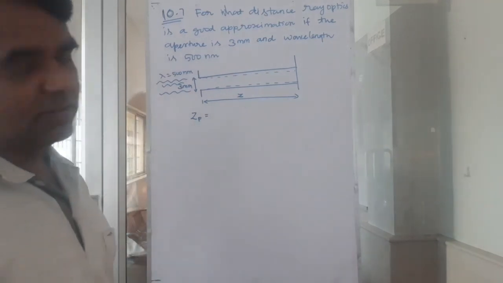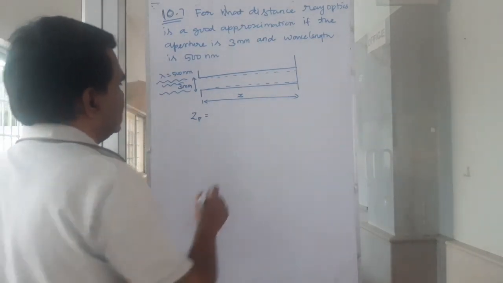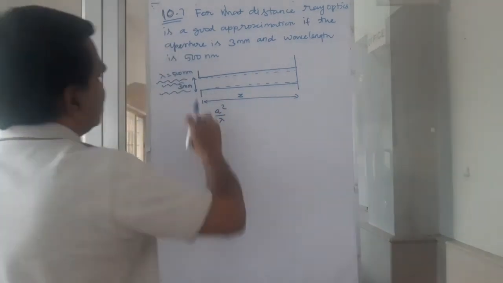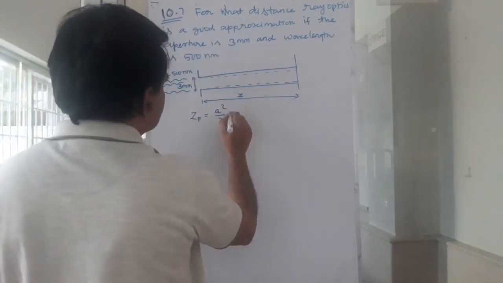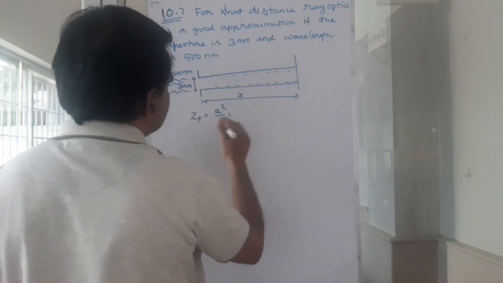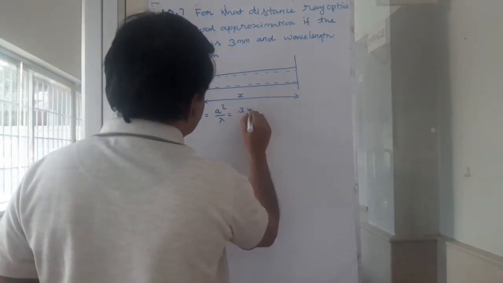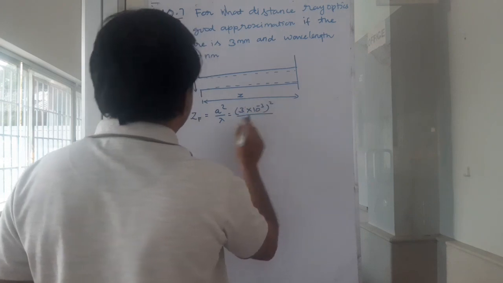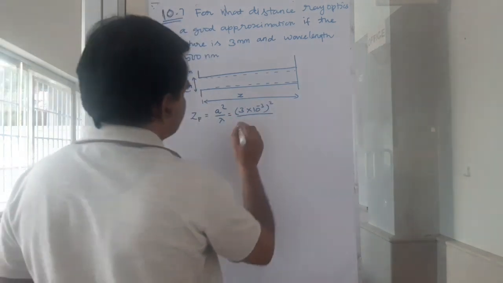The Fresnel distance. The Fresnel distance is given by the expression A squared by lambda. What's your A? That is 3 millimeter, which is 3 times 10 power minus 3, the whole square, divided by 500 nanometers.